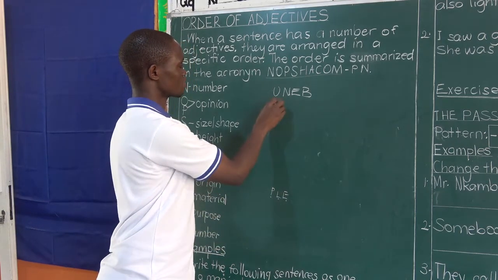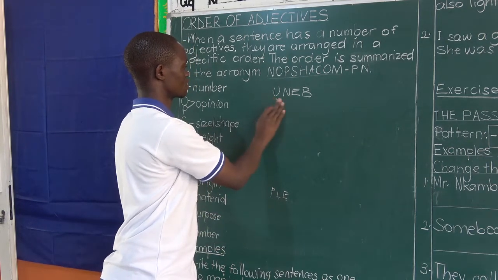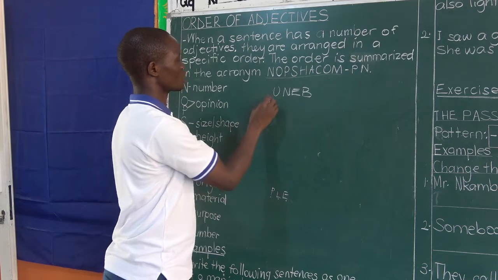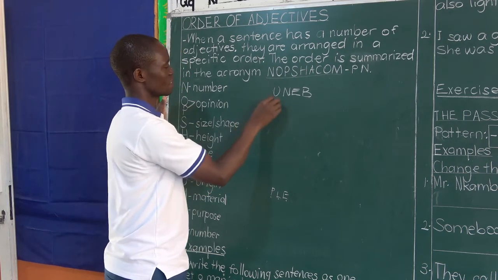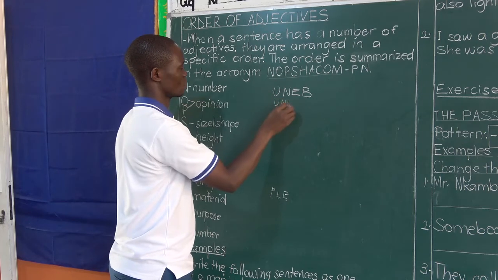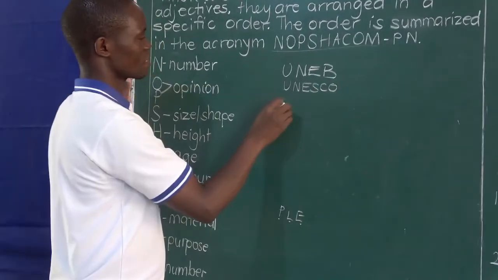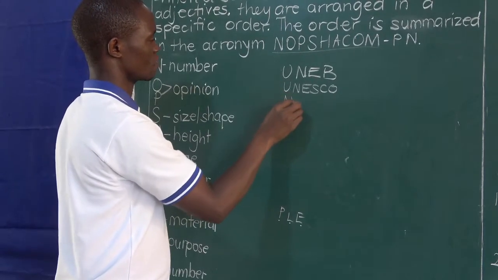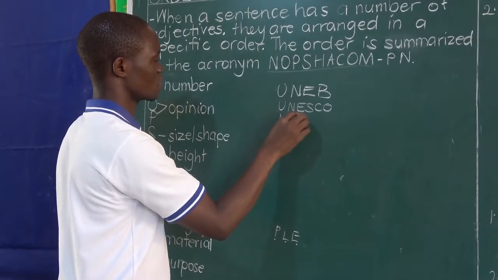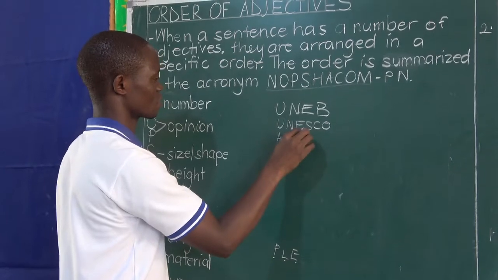You have other acronyms like NASA, that one is beyond your level. We have other acronyms like UNESCO. Other acronyms like AVAR. If your physics teacher taught you about keeping animals, he must have talked about this.